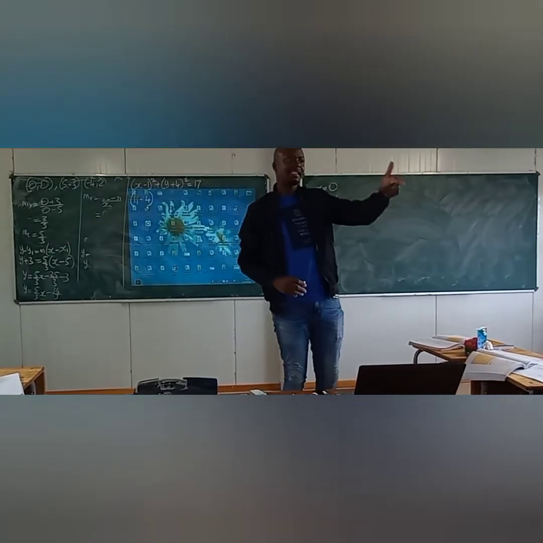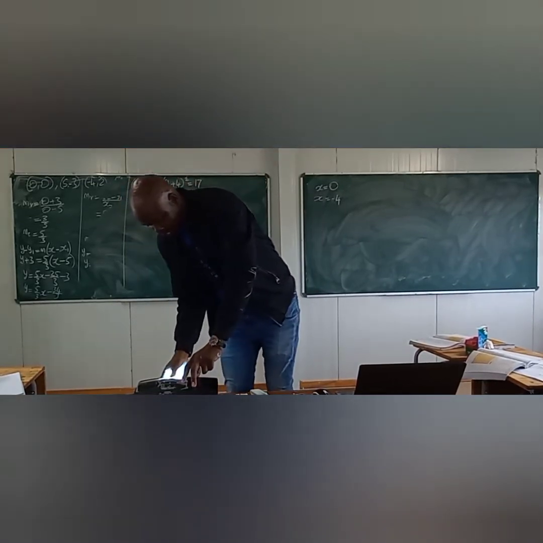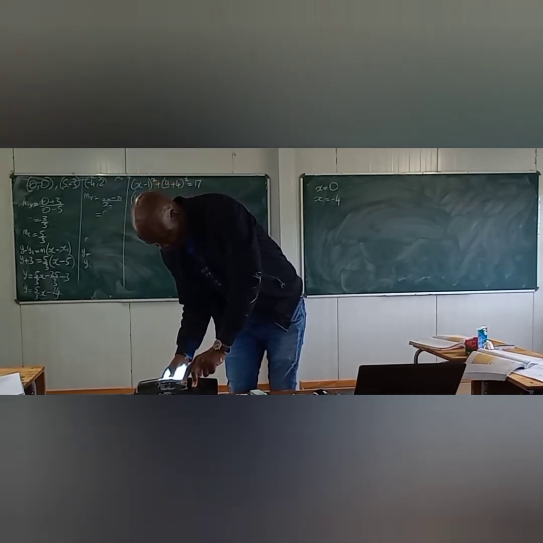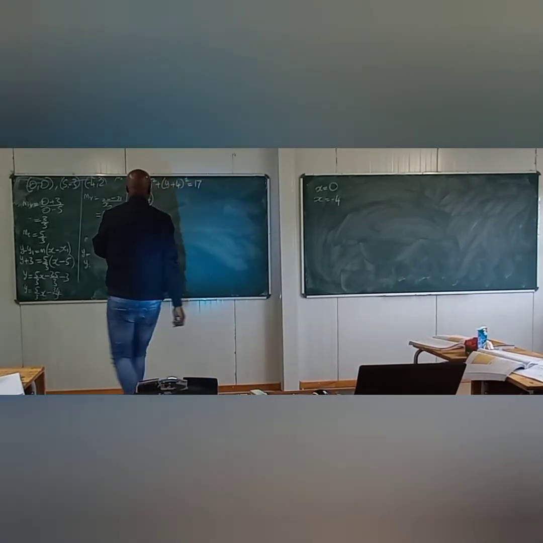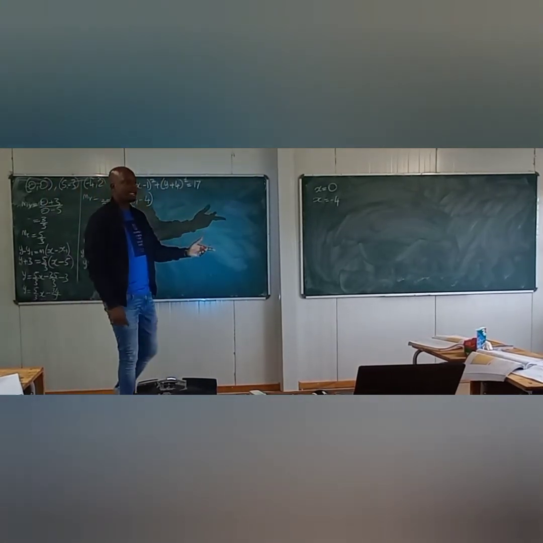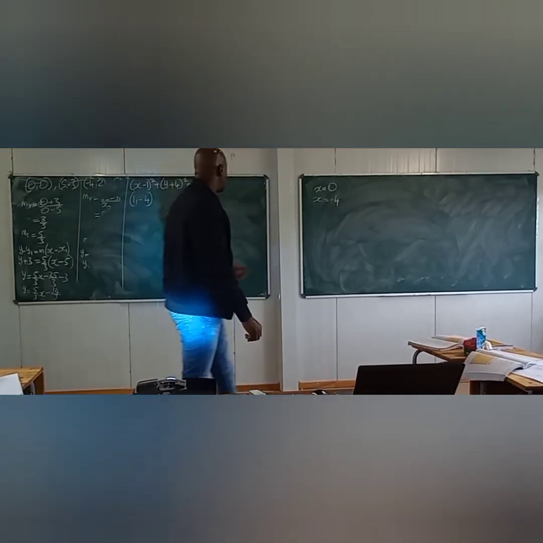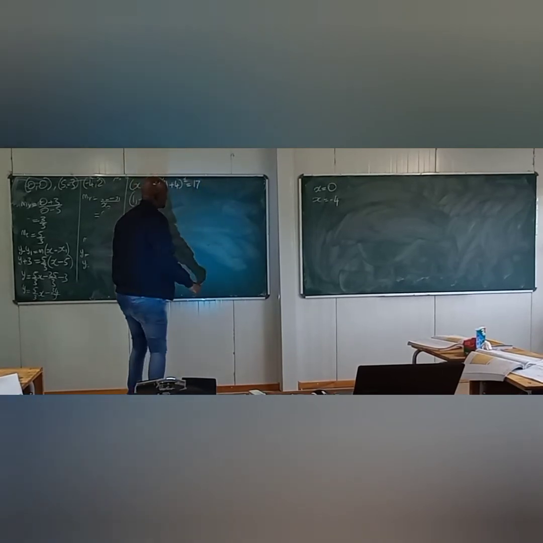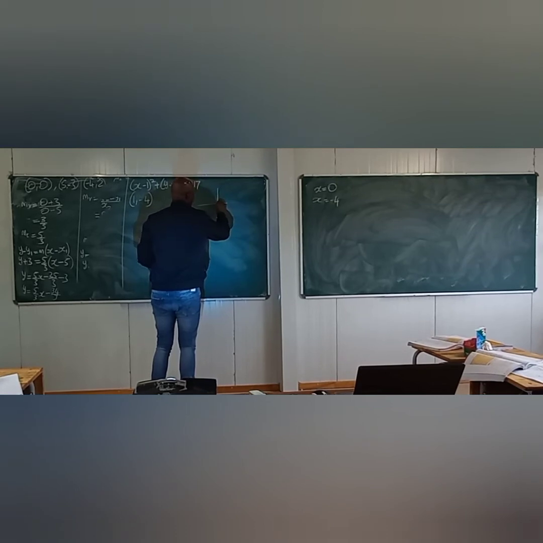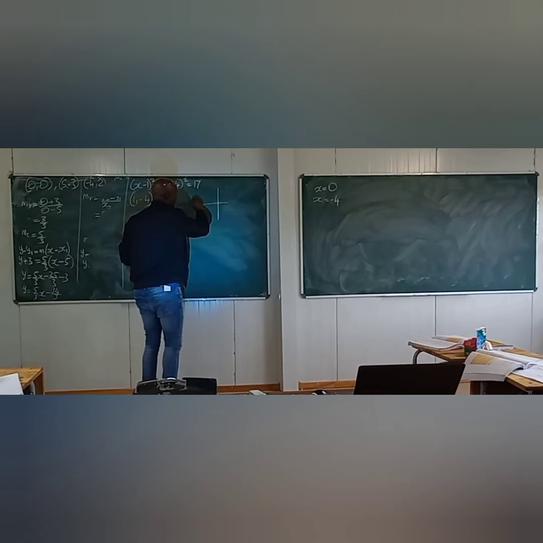I can tell you it's a straight line. So we need the gradient, because this is y equals gradient times x. Right. The circle as well passes through the origin.